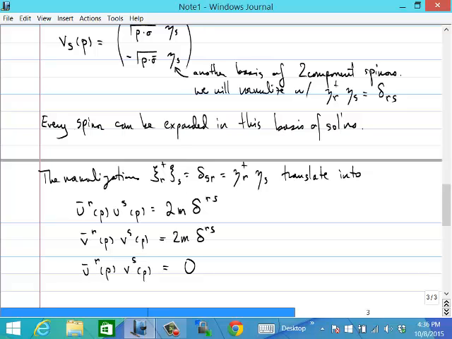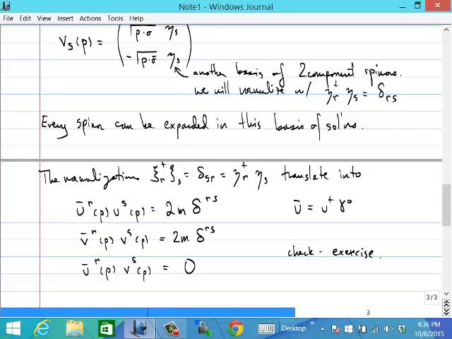Now here, remember that I'm using the bar rather than the dagger. So u bar is u dagger times gamma 0, as we defined last class. And so you will check these on one of your exercises.